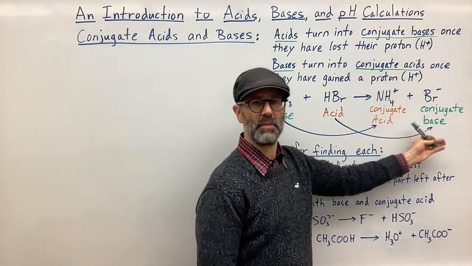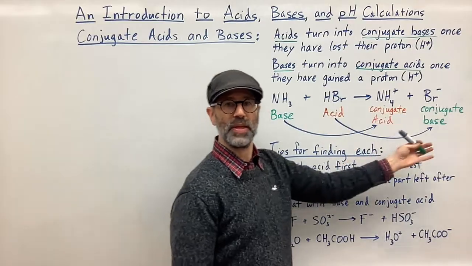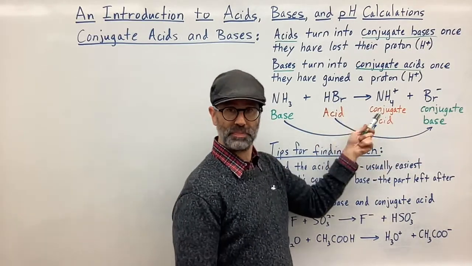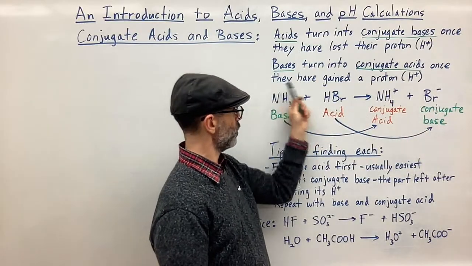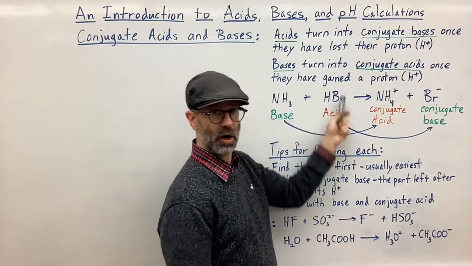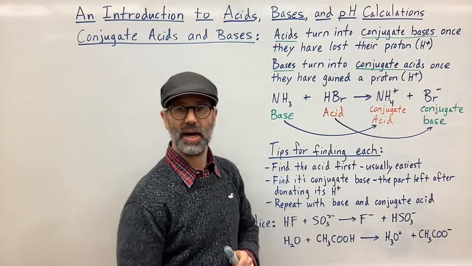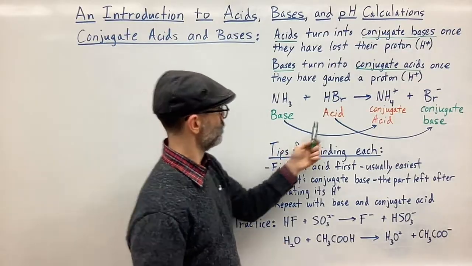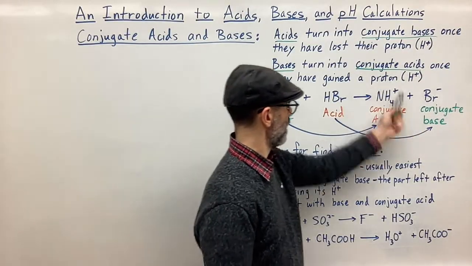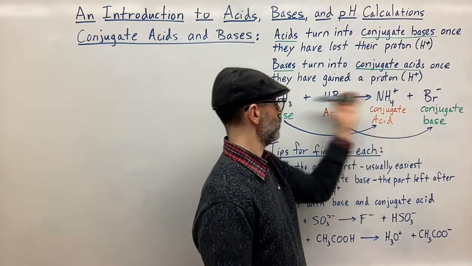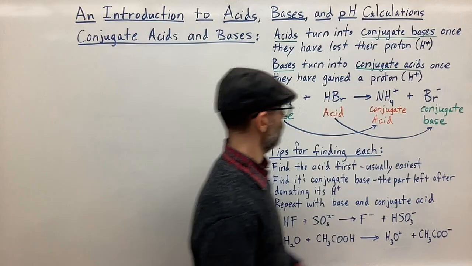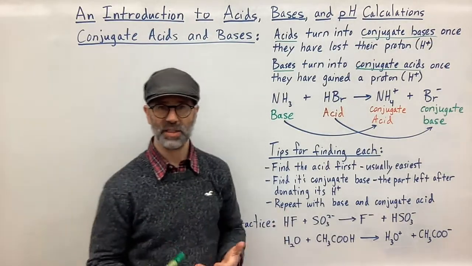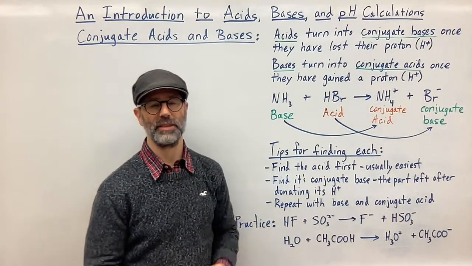That's what we mean by conjugate acid and base. If this is in equilibrium, then these would be working this way to reproduce your acid and base on this side. That's why we call these a conjugate acid: if it goes this way, this is acting as an acid and this is acting as a base. But we don't call it acid and base, we call them the conjugate acid and base.